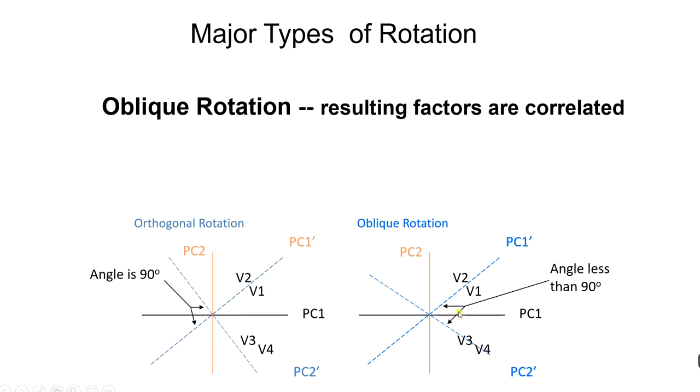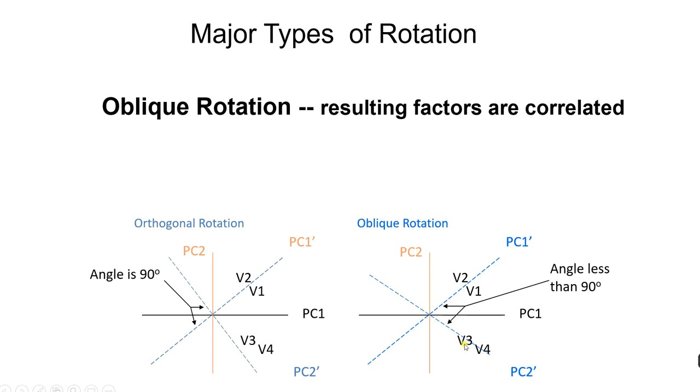So we have simplified this structure by rotating the axes but not maintaining the angle. We have moved both axes x and y, and this 90-degree angle constraint has been removed.